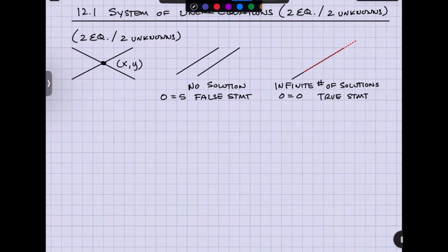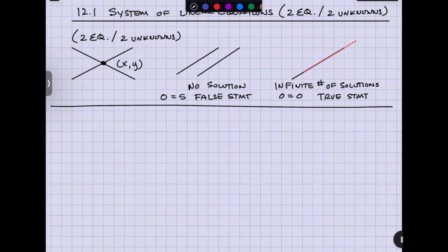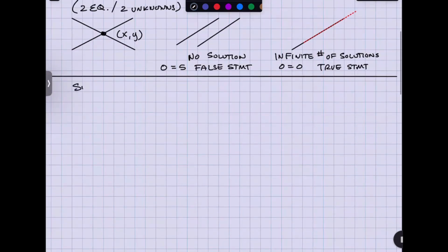And of course, with this being said, there are two methods that we use. Do you guys remember those two methods? We use substitution, or we use elimination, which is also known as the addition method.